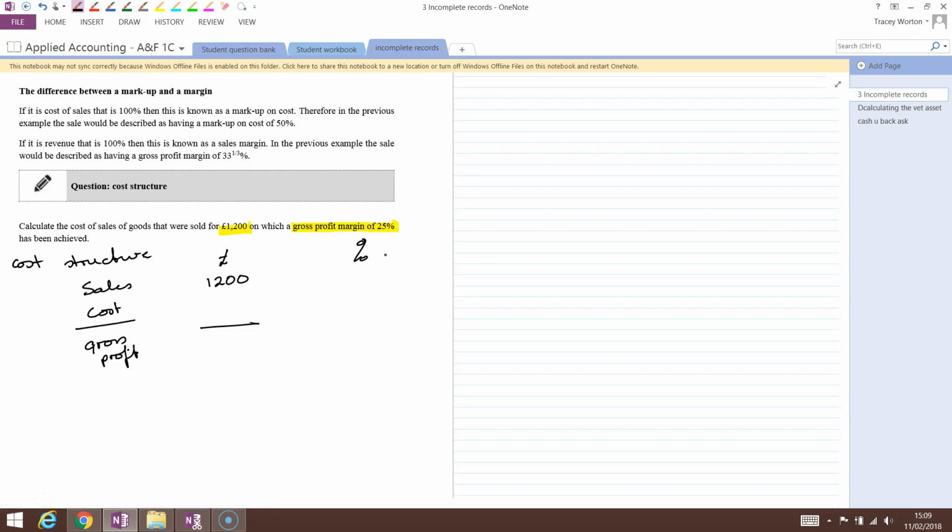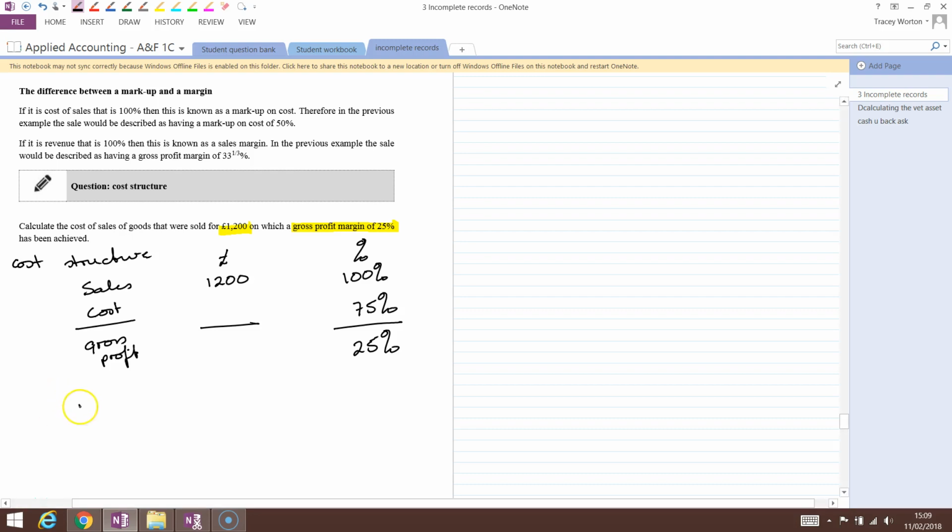So as it's margin, then 100% is the sales figure and our gross profit is 25%. So by default, it must mean that our costs are 75%. So now we need to be able to calculate our missing figure for cost and or gross profit.